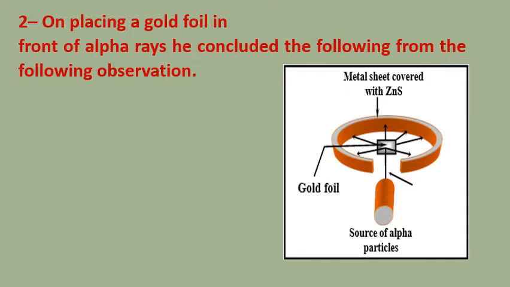Again, he used the figure that consists of a metal sheet covered with zinc sulfide, which glows when hit by alpha particles, and put a thin gold foil between the source of alpha particles and the zinc sulfide. Let's see the observation of this experiment.